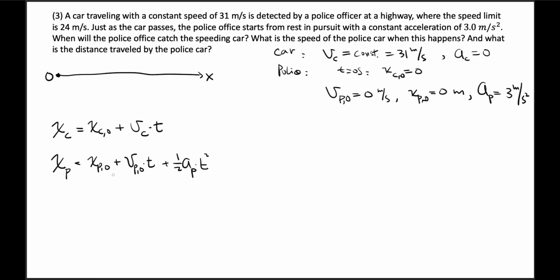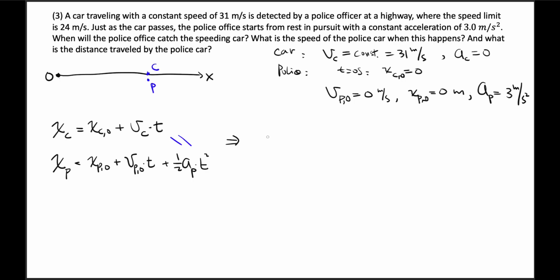Okay, and then we need to set them equal, right? Because when the police officer catches the car, they're at the same location. Both police and the car are at the same location, right? So that's why they're the same at the instant when the police officer catches the speeding car. So let's write this down. We have xc naught equal 0 for both police and the speeding car.